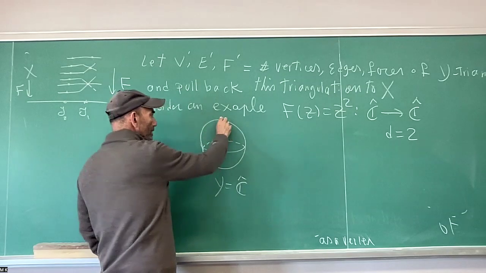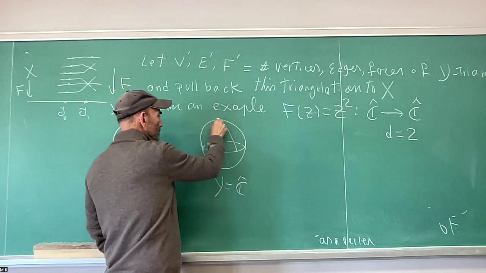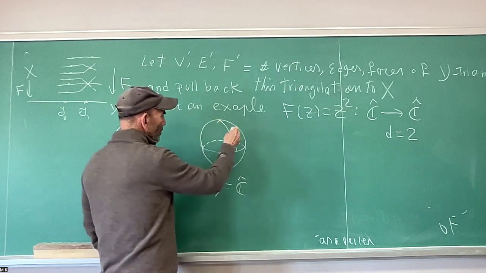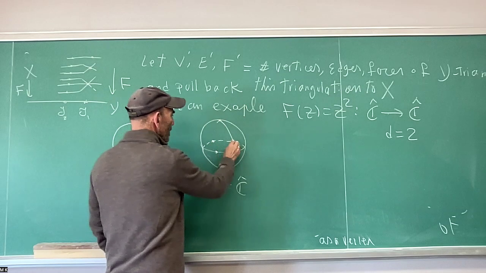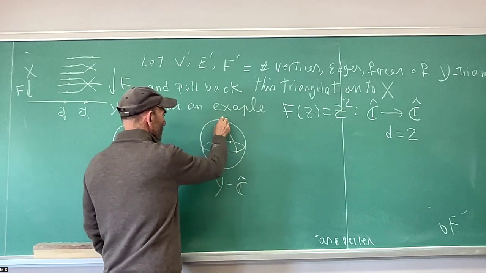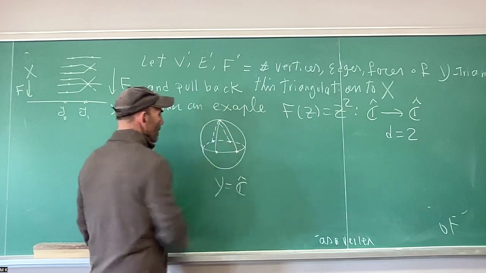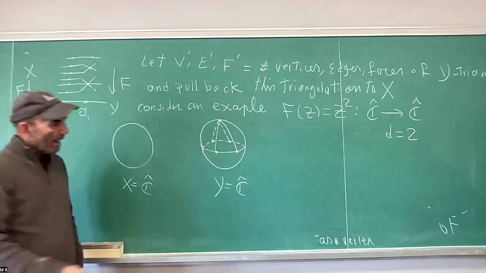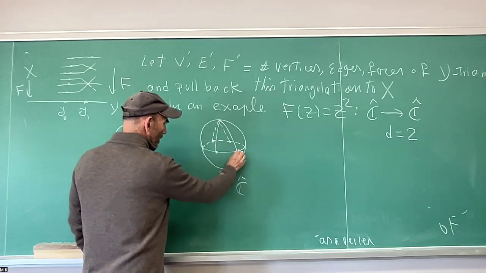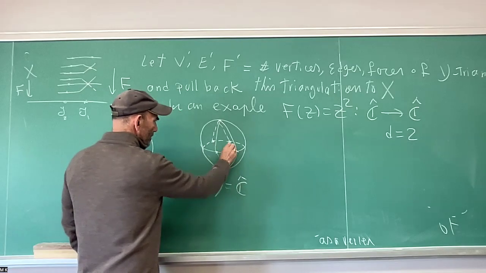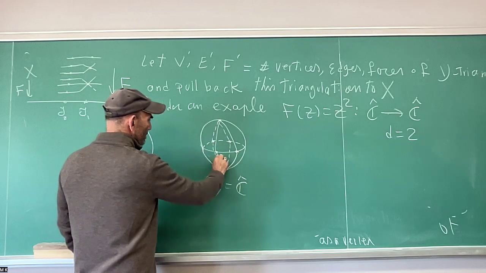So let me make it 4 triangles: 1, 2, 3, 4. In the back, I also do the same, a similar thing. This goes here, this goes here, this goes here, and this one also goes here.